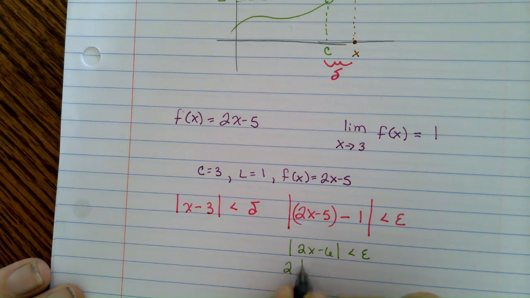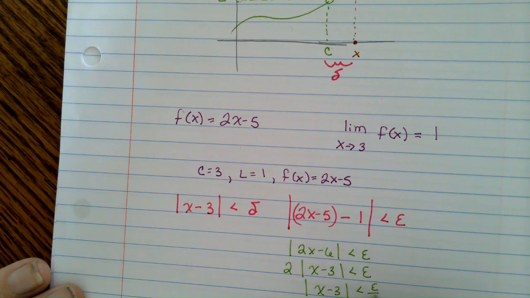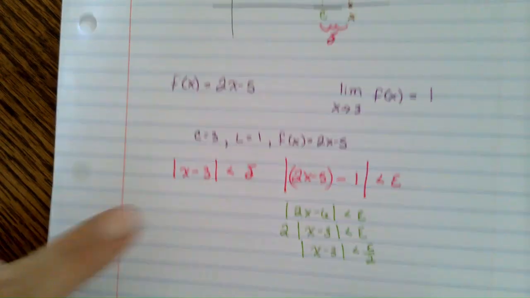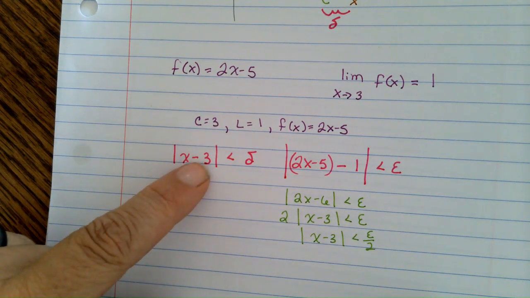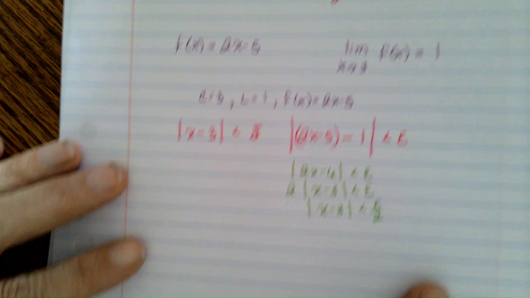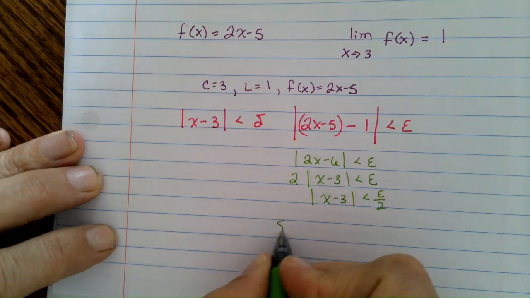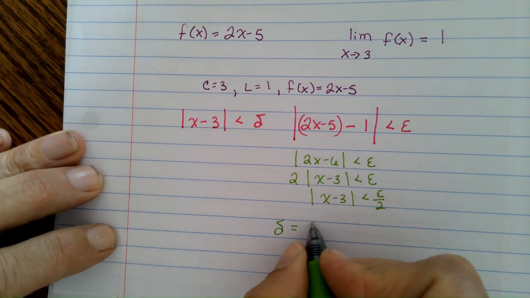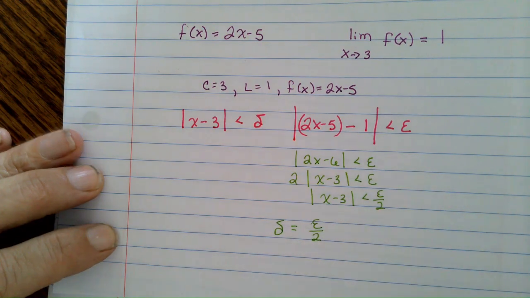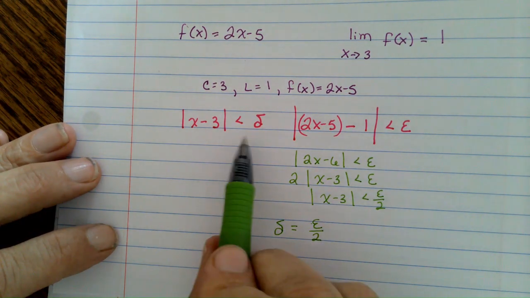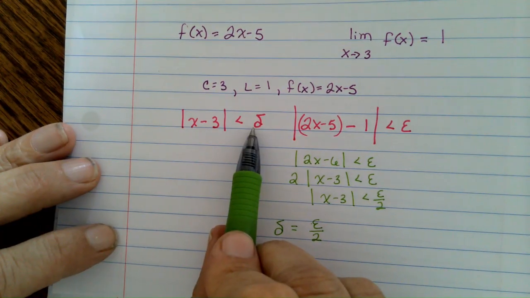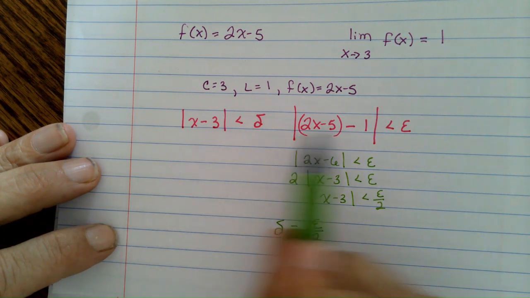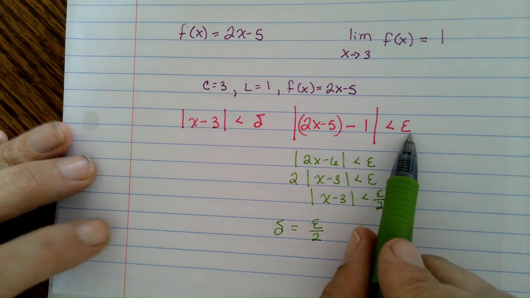That's the same as 2 times the absolute value of x minus 3 is less than our epsilon. So the absolute value of x minus 3 is less than our epsilon divided by 2. Well, over here we said the absolute value of x minus 3 is less than our delta. So that means our delta is equal to our epsilon divided by 2. So if we're within 1 inch on our measurement here, we'd be within half an inch on our y.